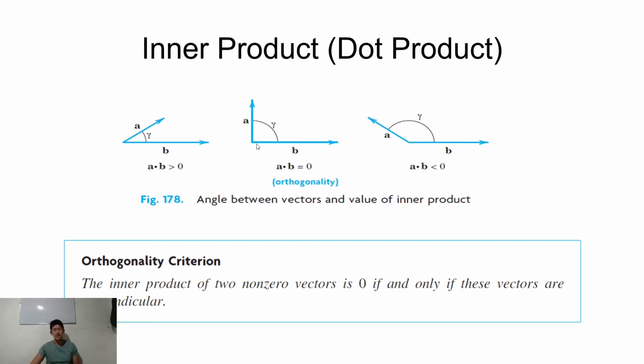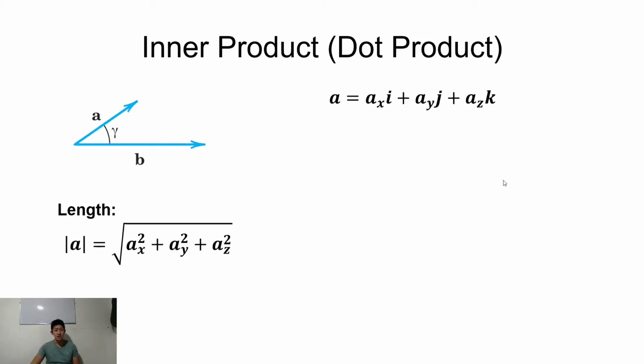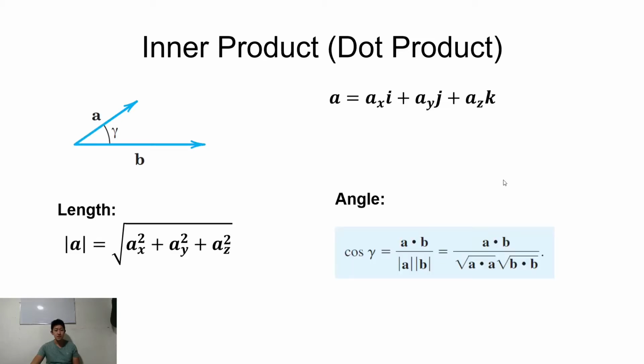If the answer is 0, they are orthogonal. If not 0, then it can be otherwise. Again, this is how you get the angle between them: the dot product of the vectors divided by the product of their lengths.